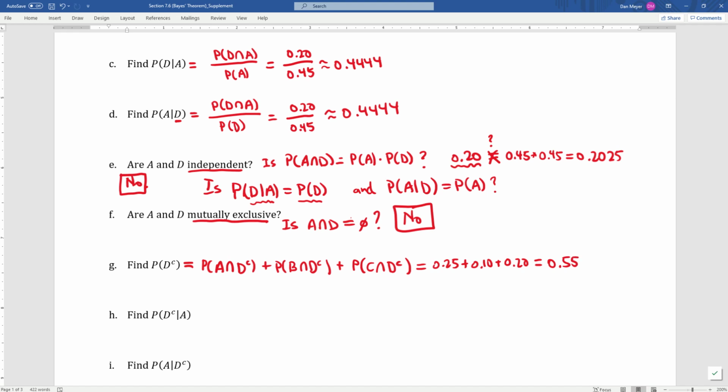So that's one strategy for finding the probability of D complement. We also could have used a complement strategy here as well. So that the probability of D complement is 1 minus the probability of D, which is 1 minus the 0.45 that we found in part B. That also would have given us 0.55.